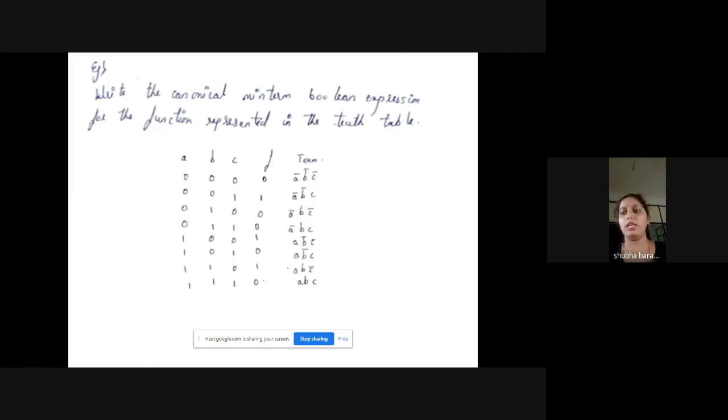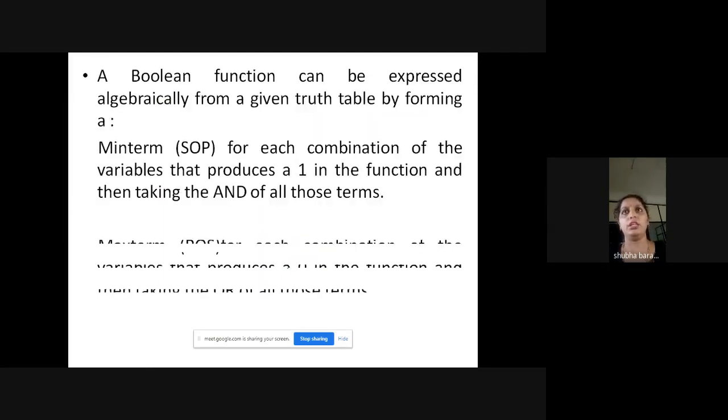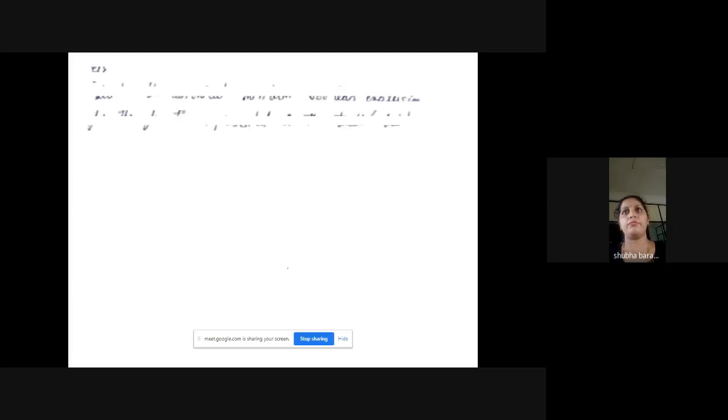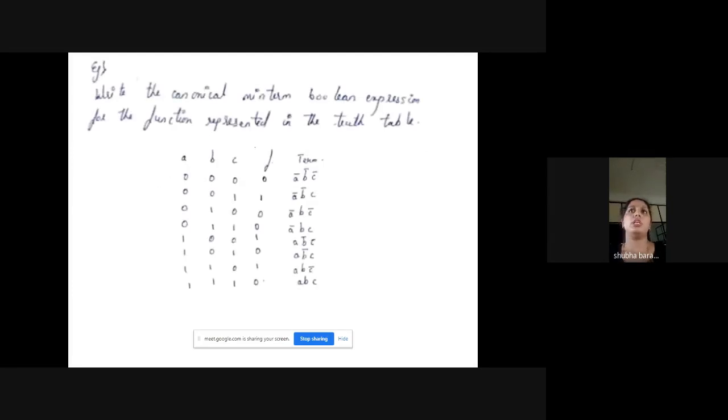Let me take an example which we had done in the last class. See here what we had done. Here we had expressed this in the canonical SOP form, the min term form. The functions which were giving you 1, we had selected those terms.